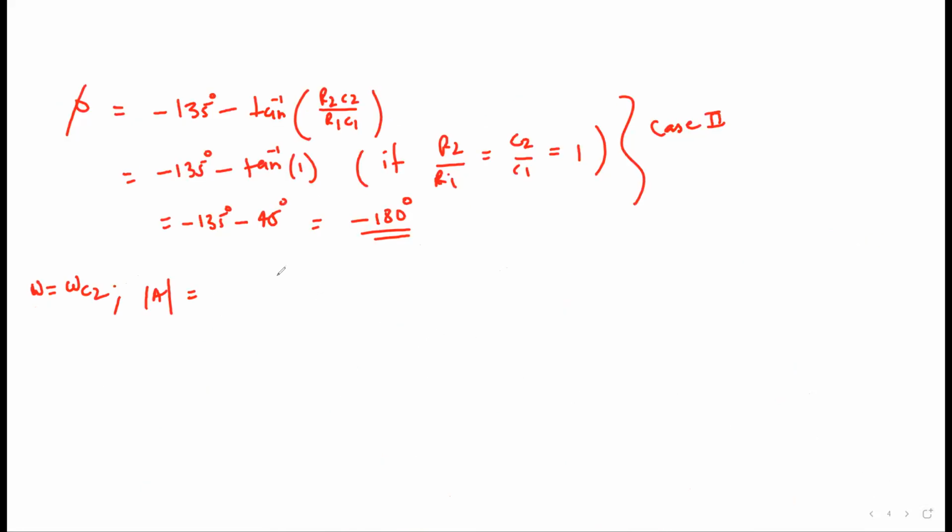So let's see what that value of phase is. Let's solve it, why not?